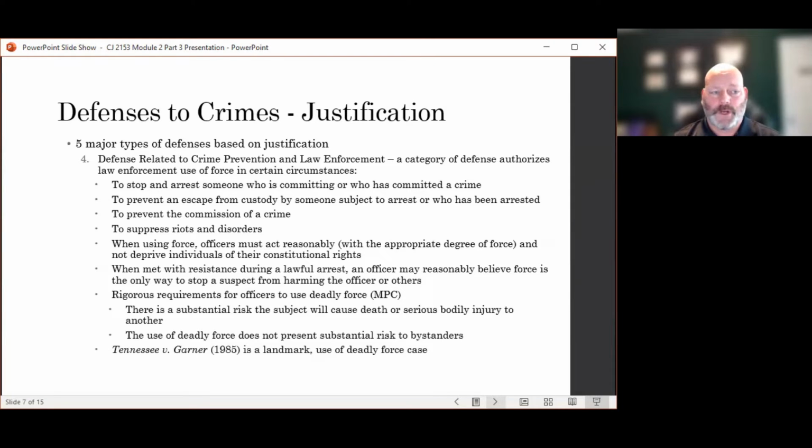But there are rigorous requirements for officers to use deadly force in the Model Penal Code: when there's a substantial risk that the subject will cause death or serious bodily injury to another, and the use of deadly force does not present substantial risk to bystanders. As a reference, a landmark use of deadly force case is Tennessee versus Garner in 1985.